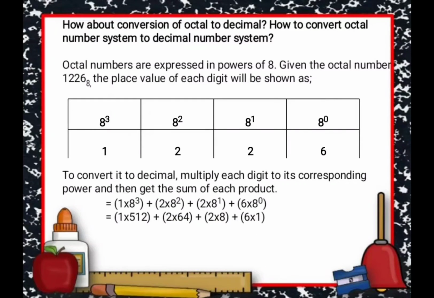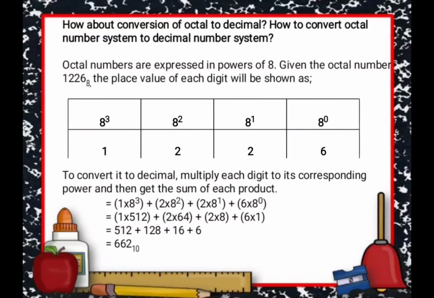So here we come up with 1 times 512 plus 2 times 64 plus 2 times 8 plus 6 times 1. So we have 512 plus 128 plus 16 plus 6.